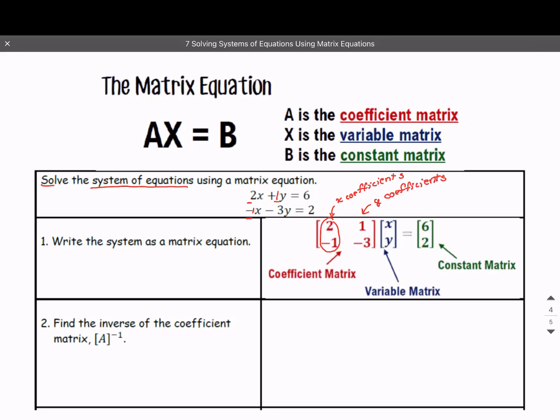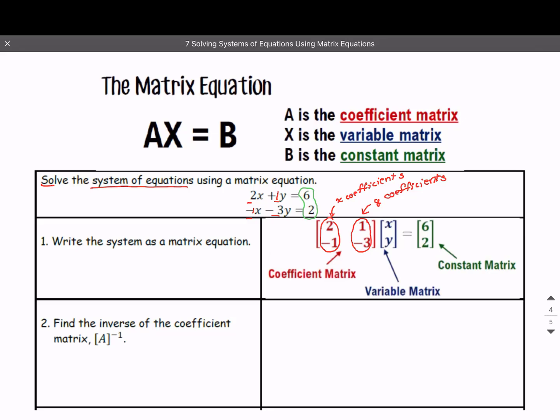That's the invisible 1 and the negative 3. That's where this column came from. Times our variable matrix equals our constant matrix. So you have to have your x's, your y's, and your constants lined up, and your constants need to be the only thing on the other side of the equal sign.